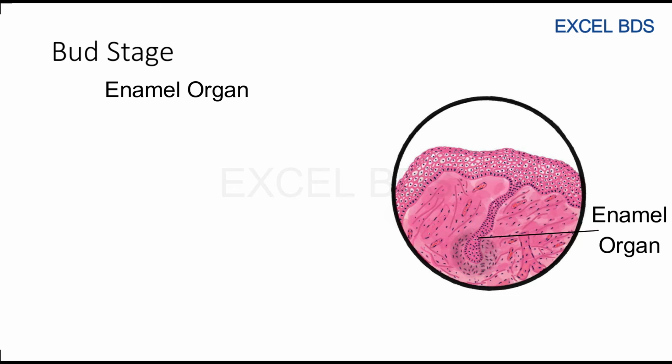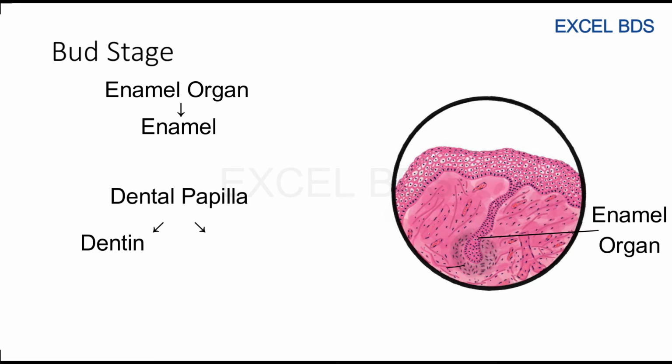Why is it called so? Because it gives rise to enamel, the structure. Enamel being, you know, the outermost covering of the tooth. So, the enamel organ gives rise to enamel. And this dental papilla that I was talking about, it gives rise to two things, that is dentin and pulp.